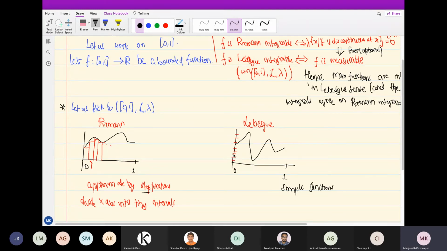And you look at the subset of x for which the function value belongs to one of these intervals. Okay, so let's say I have marked one particular interval. No, maybe I mark a different interval. Sorry. So let me take an interval like this.